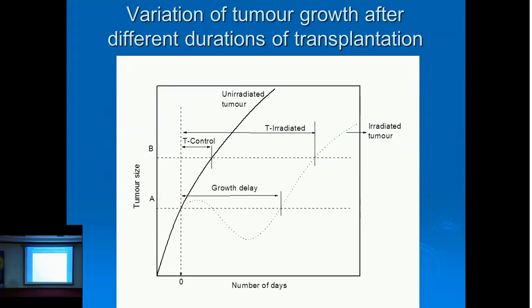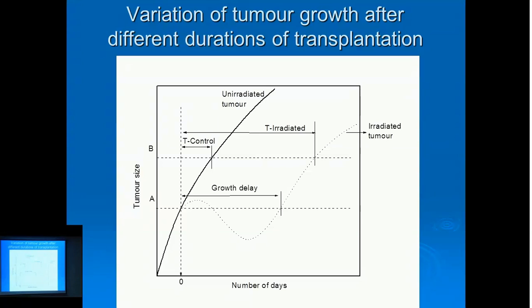So here is a historical one, showing a transplanted tumor, and you can see after you transplant the tumor, it keeps on growing, and ultimately when it reaches a particular size, if no treatment is done, the animal dies. But if you expose it to radiation at this point, you can see that at once the cells are inactivated, and then the cells again start growing.